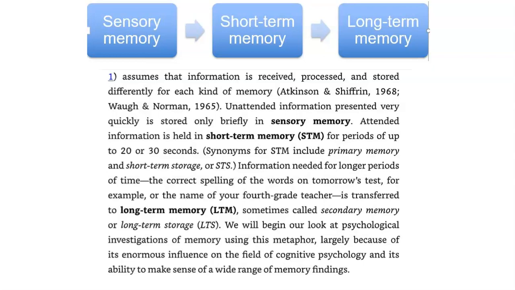Now, that may come from sheer rehearsal, or it may come from elaboration, as we'll talk about in a future chapter. If I can make a silly rhyme up, like, my very educated mother just served us 9 pizzas, to help to learn the names of the planets.